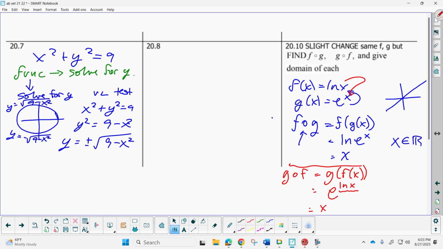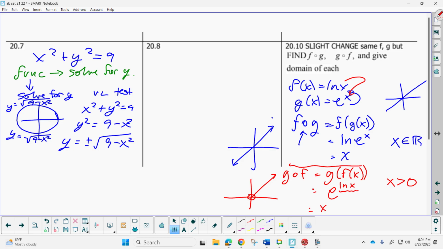This here will break the minute you put in a negative. And so x or zeros. And so in this case, actually x must be positive. The domain is x is only positive. These would roughly be the same graph. This would be all reals because they're inverses and you're right back to x. But this graph, if you graphed e to the natural log of x in your calculator, it would only be this part and x would not be included.